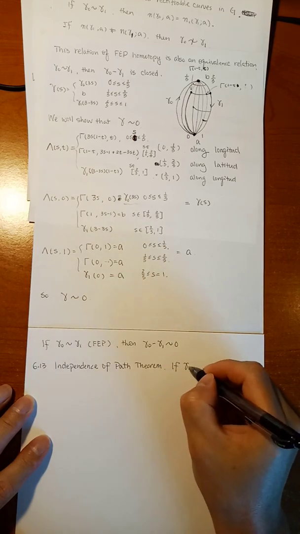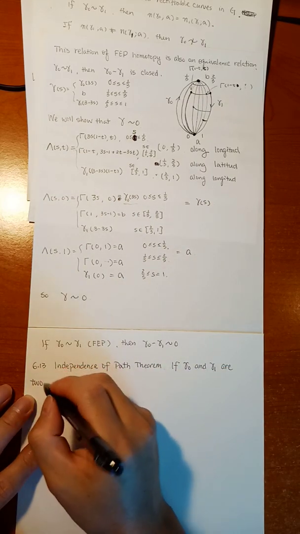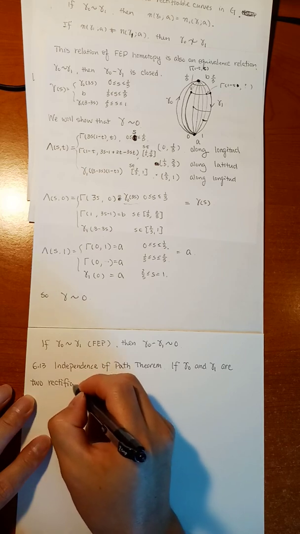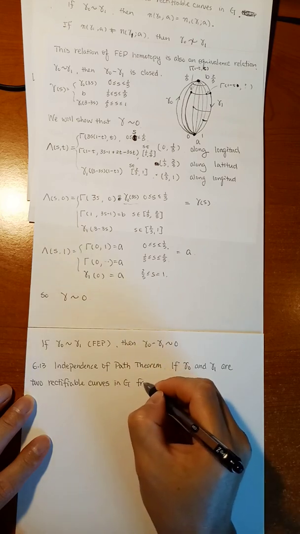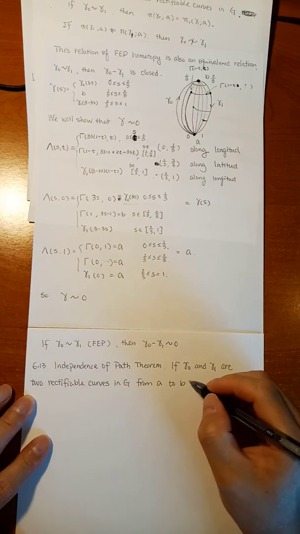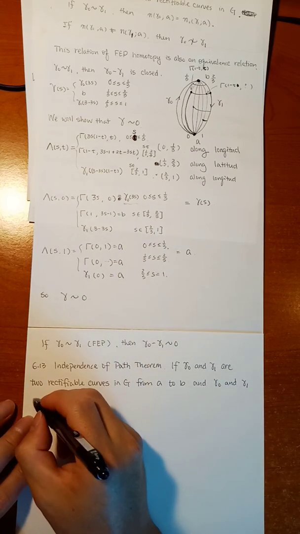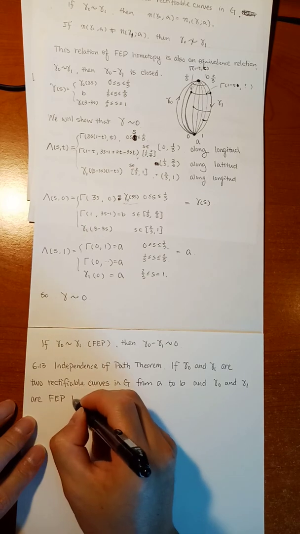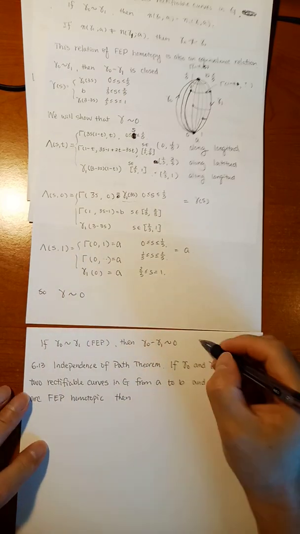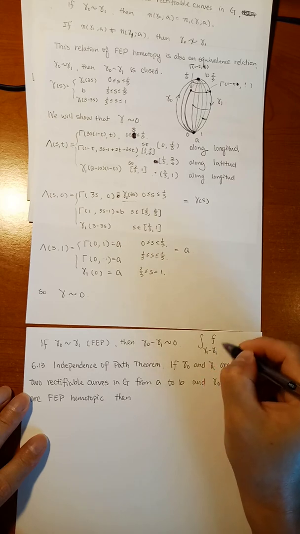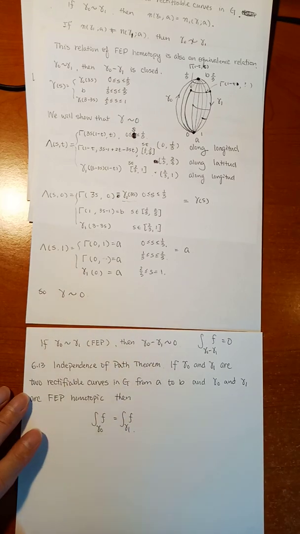If gamma 0 and gamma 1 are two rectifiable, not closed, rectifiable curves in G from A to B, and gamma 0 and gamma 1 are fixed endpoint homotopic, then the integral of f along gamma 0 is equal to the integral of f along gamma 1.